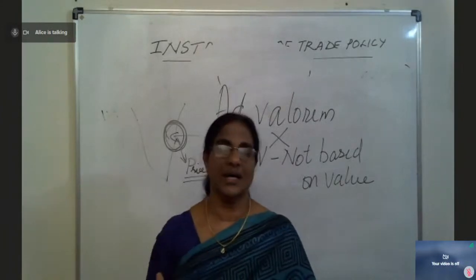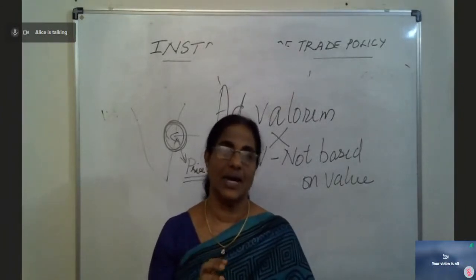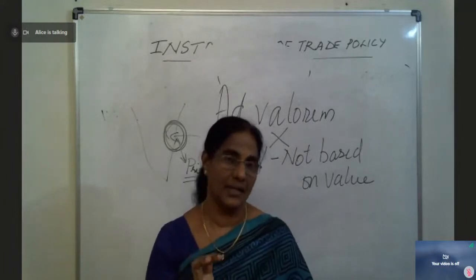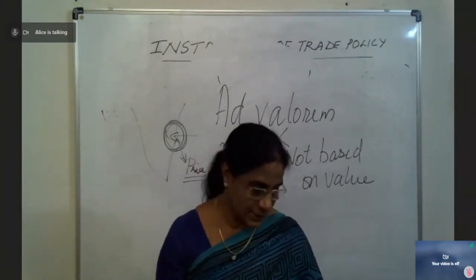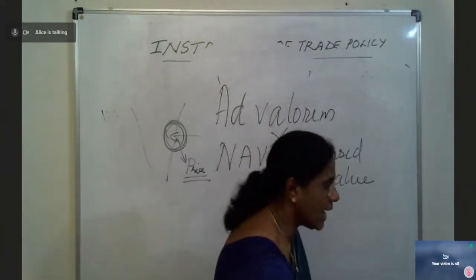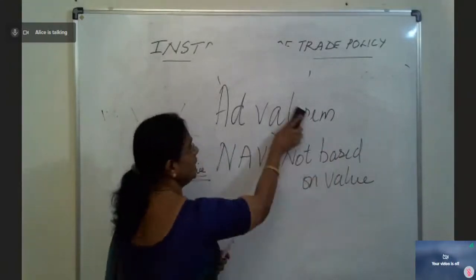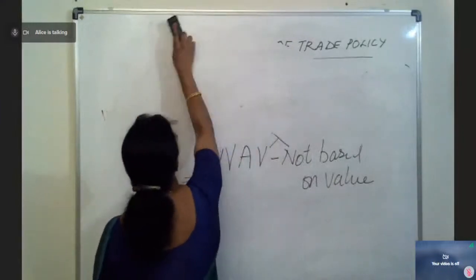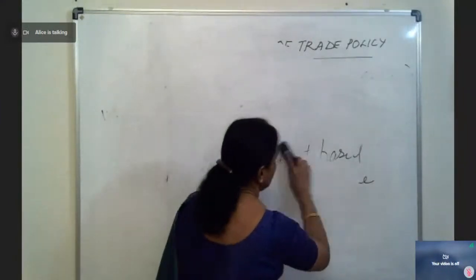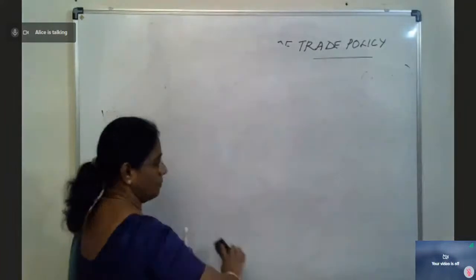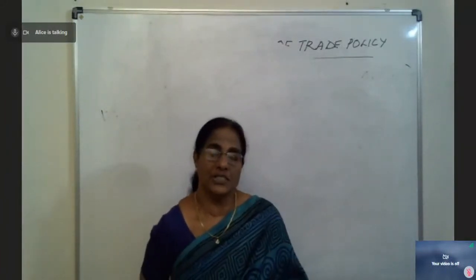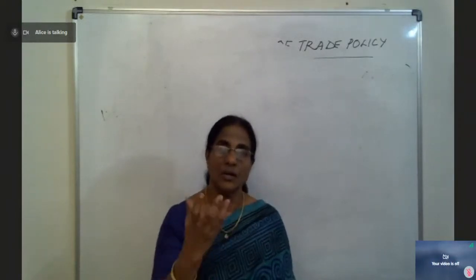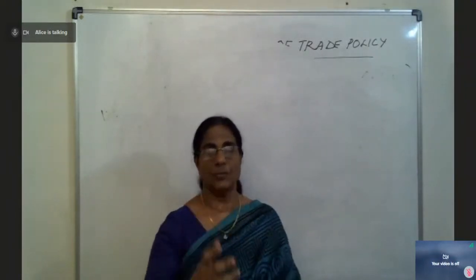Then the second category is technical tariff, also known as other tariff. Technical tariff or other tariff. The technical tariff is calculated, whenever the word technical is used, it is related to the product, the component of the product, the combination of the product, what is the nature of the product.